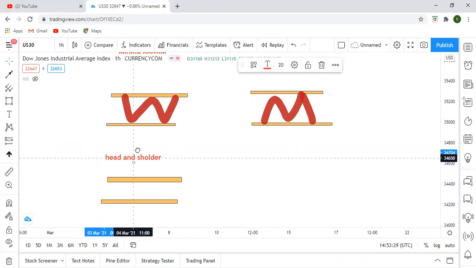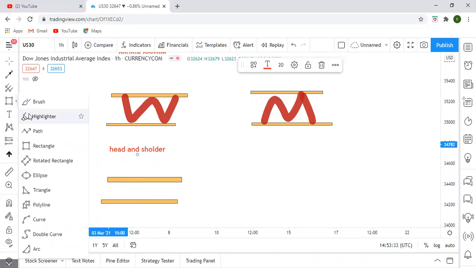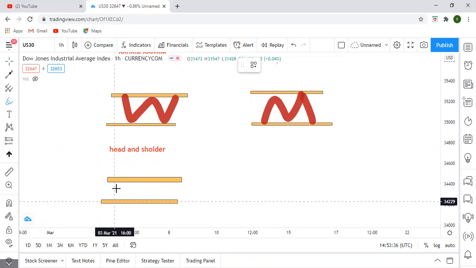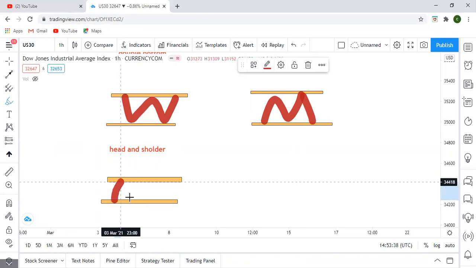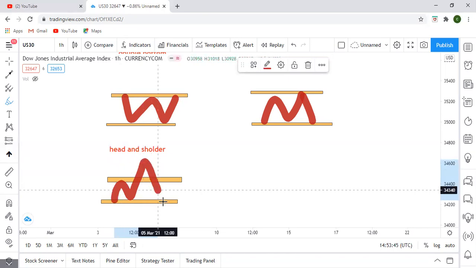So let's draw. This is our right shoulder, and then we go down and create our head, and then we get into the structure, and we come and bounce at our support, and then we form our left shoulder, and this is your head and shoulder.